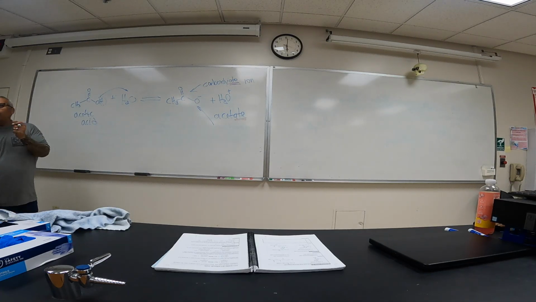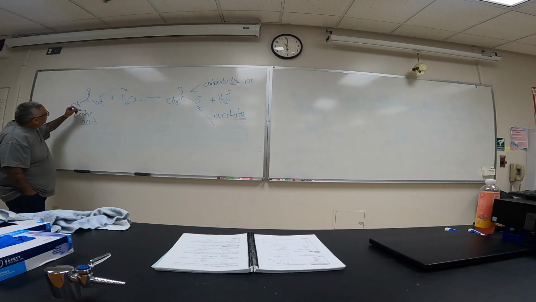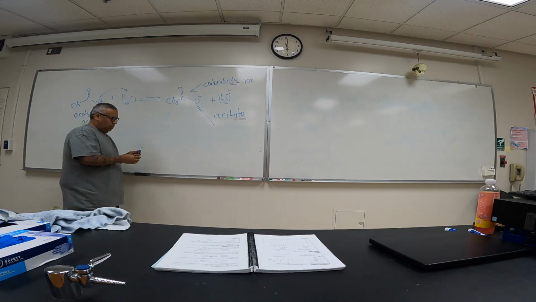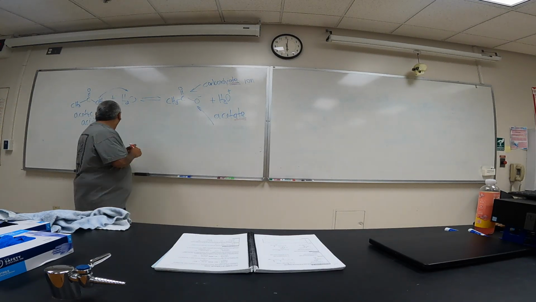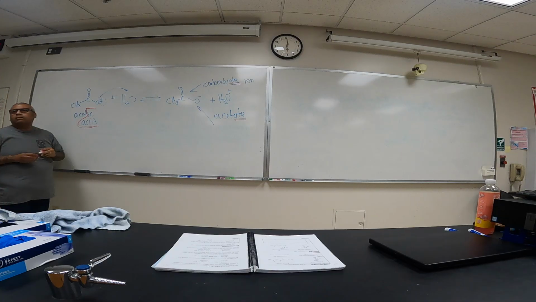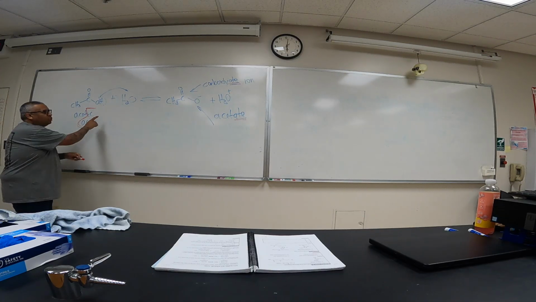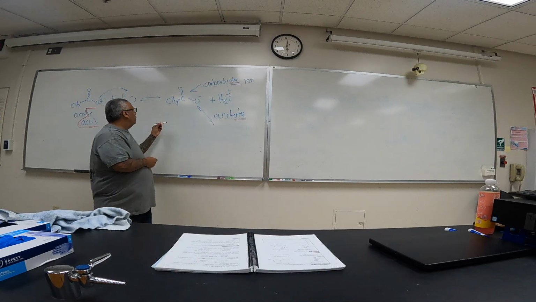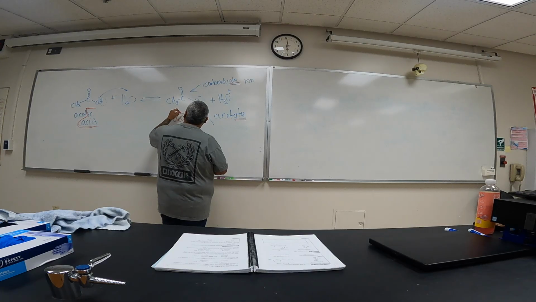So when we ionize carboxylic acids, we drop ic acid and we add ate.